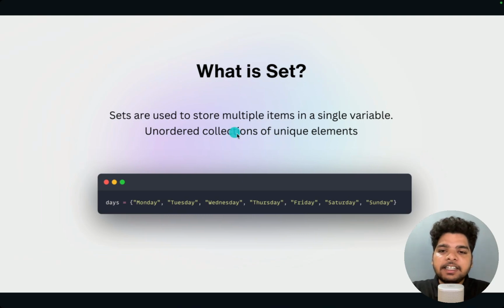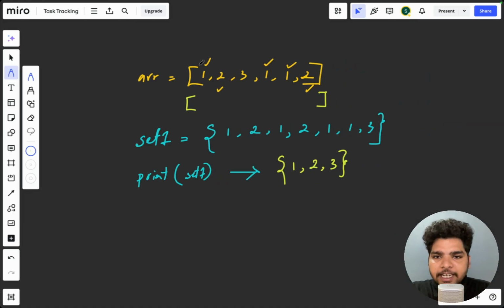And another difference is that a set is an unordered collection of elements. In an array, each item is uniquely identified with an entity called index.